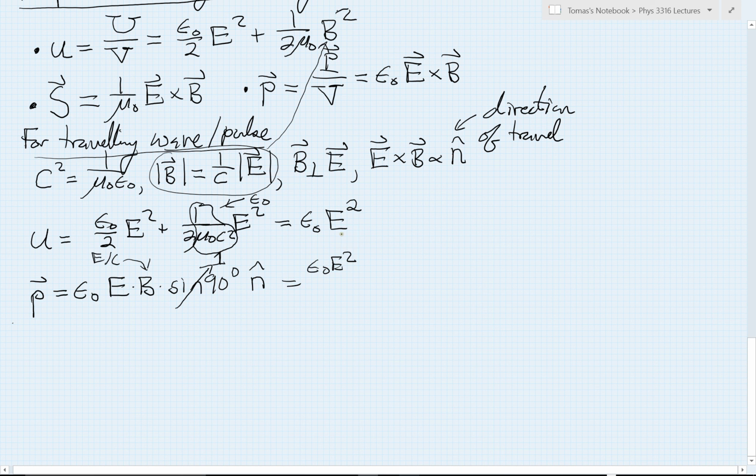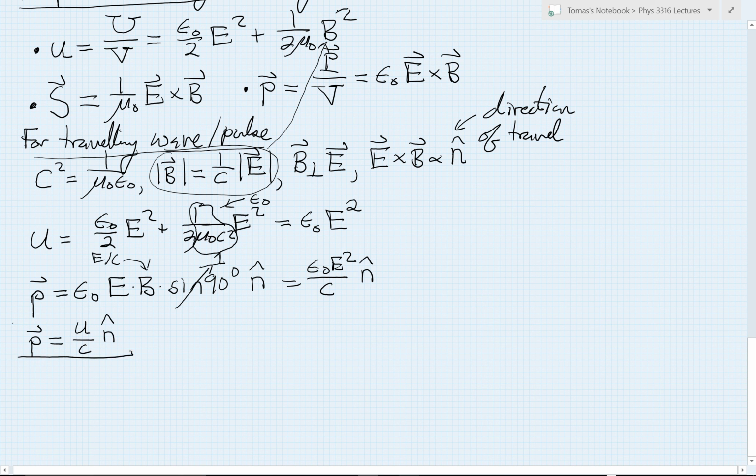That's my energy density, divided by c. And the direction of the momentum stored is just in the direction of travel of the wave, which makes sense. My wave's going this way, so it makes sense that it'd be carrying momentum in that direction. So our final result is that the momentum density in the electromagnetic field is equal to the energy density, U over c, and it points in the direction of travel.